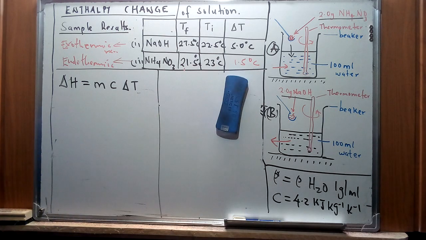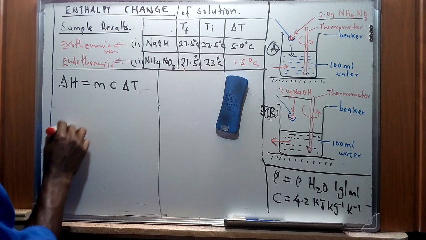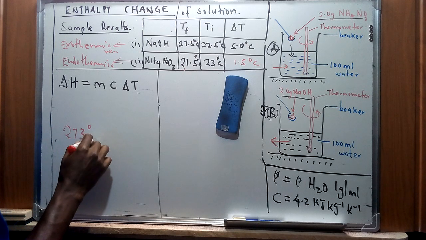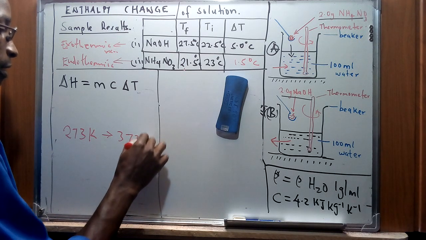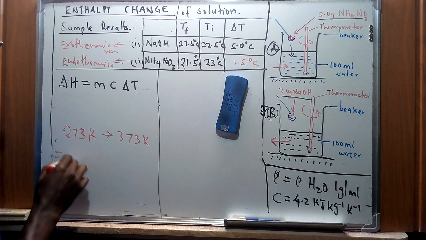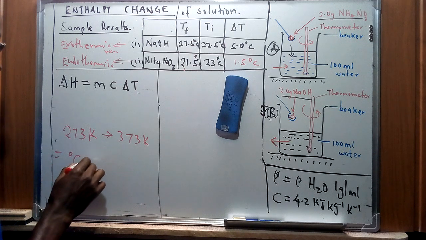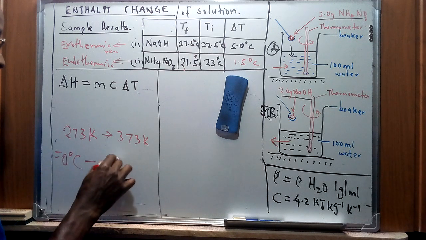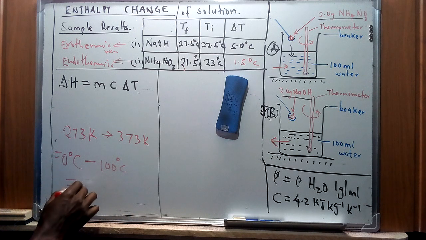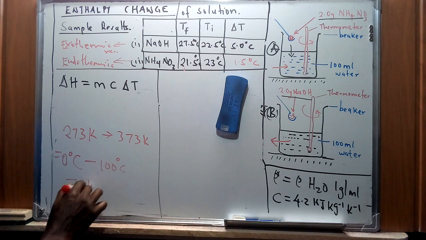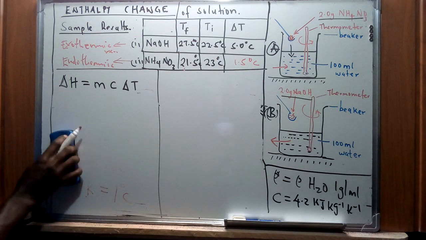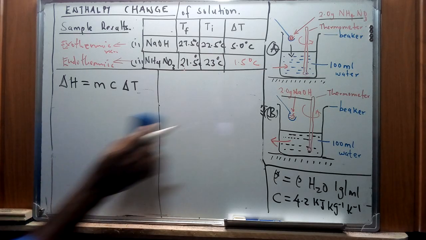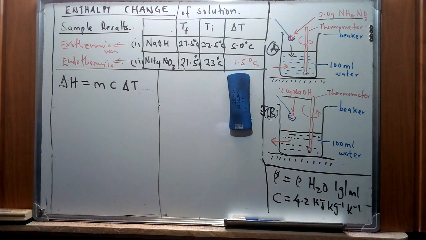So a change in temperature between 273 kelvins and 373 kelvins is equivalent to a change in temperature from 0 degrees centigrade to 100 degrees centigrade. So a change in temperature of 1 Kelvin is equivalent to 1 degree centigrade. Using that conversion factor, we are just going to use the absolute value of that change in temperature in this case.